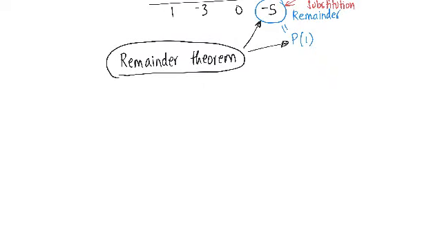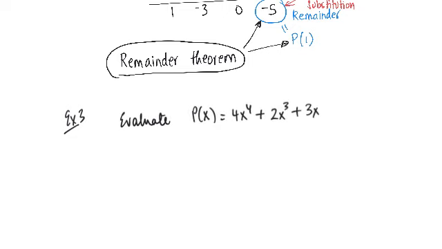So let's finish with one more example of synthetic substitution, which is this one. It says use synthetic substitution to evaluate this polynomial p of x is equal to 4x to the fourth plus 2x cubed plus 3x plus 5 for x is equal to negative 1/2.